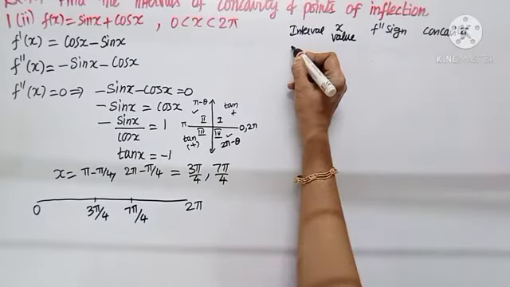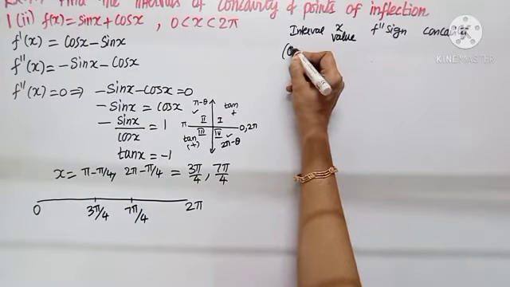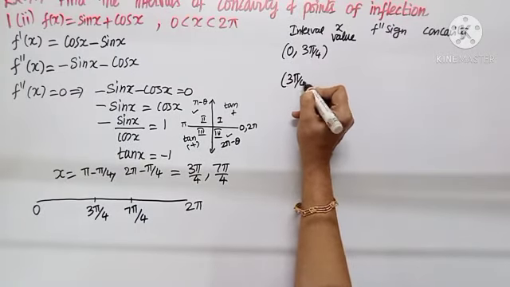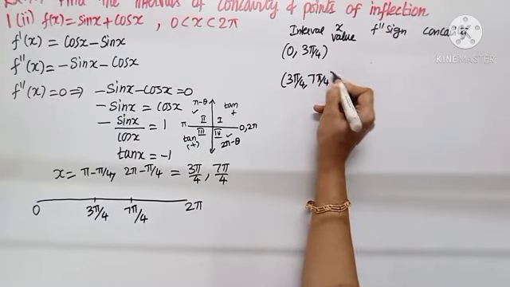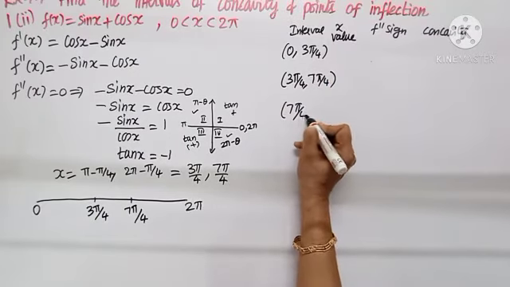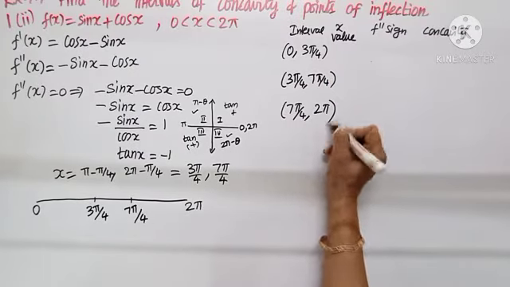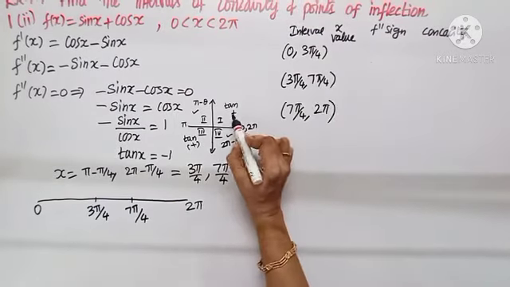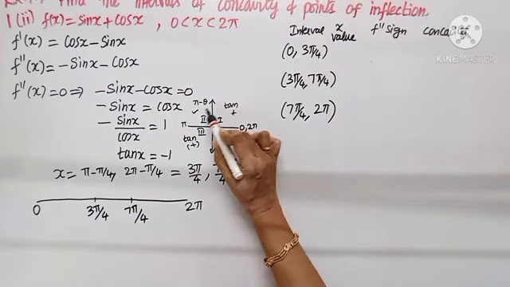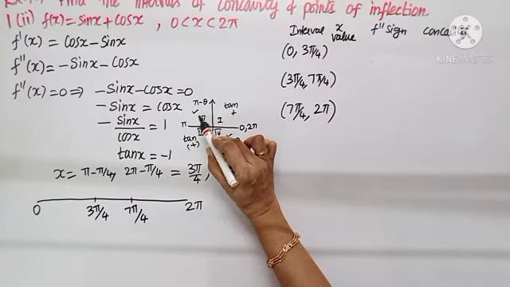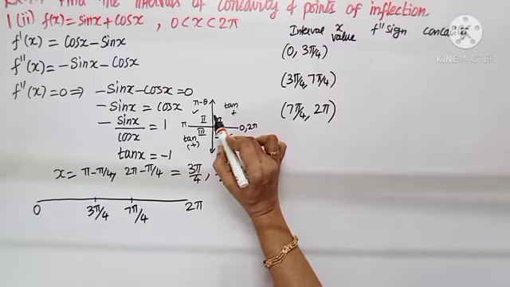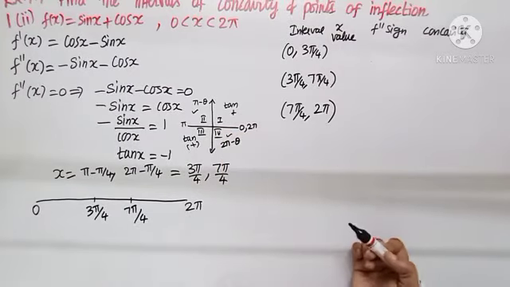The intervals we get: 0 to 3 pi by 4, next 3 pi by 4 to 7 pi by 4, next 7 pi by 4 to 2 pi. How to find the x value? It is crossing 0 to 3 pi by 4 here, so definitely in between I have 30, 45. Whichever is convenient for you, you can substitute.